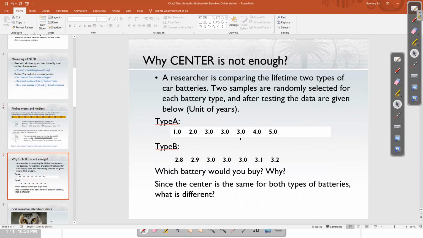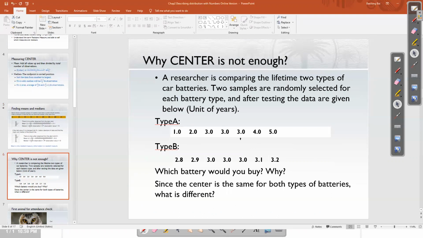So now we learned center. We mentioned earlier we're going to always describe center and spread at the same time. So why do we need to pay attention to spread? Why can't we just describe the center and call it done? Most of the time we just compare the center anyway.